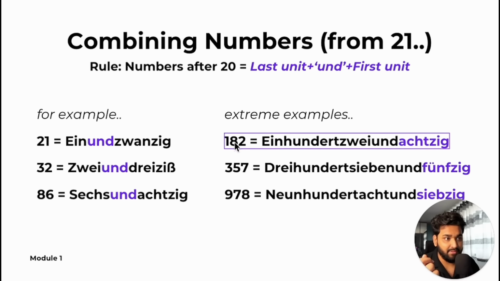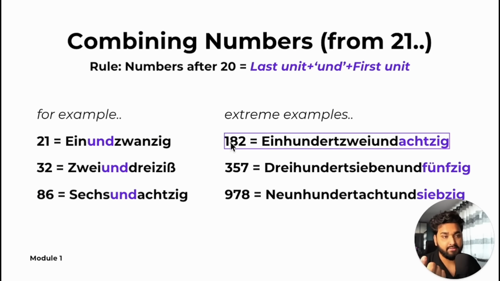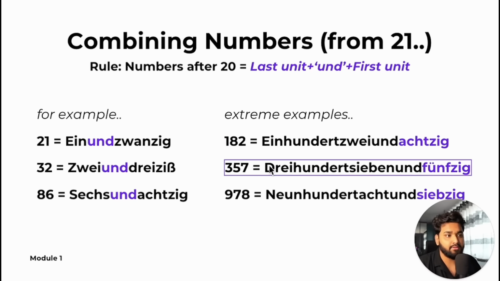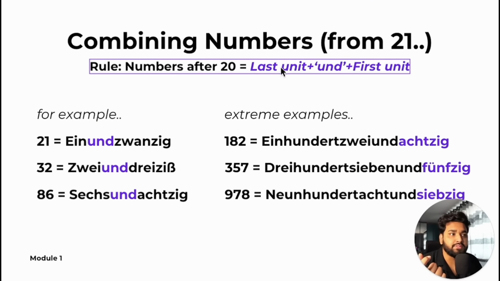say this one, achtzig. For 357 it will be the same, so 300 for dreihundert, yeah, and afterwards you can just say 57, yeah, you say dreihundertsiebenundfünfzig. So in a 3-digit number the first digit will be hundert, that's why you will say hundert or dreihundert or neunhundert, and afterwards the 2-digit will be the normal one, yeah, you will just use this formula.